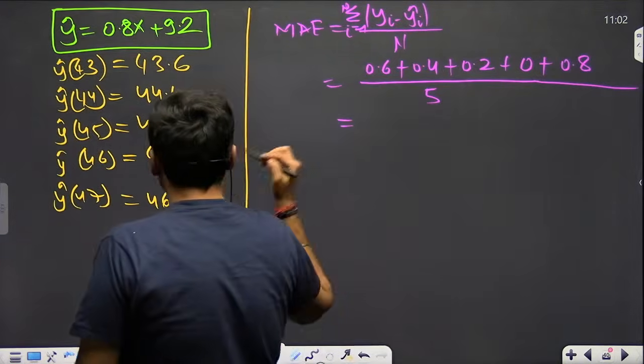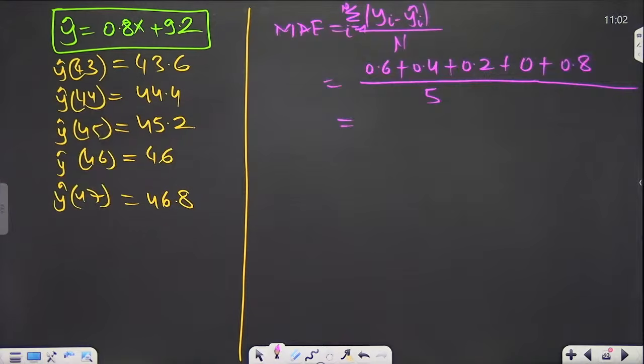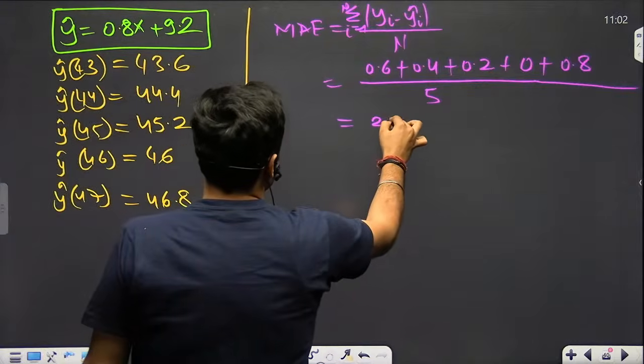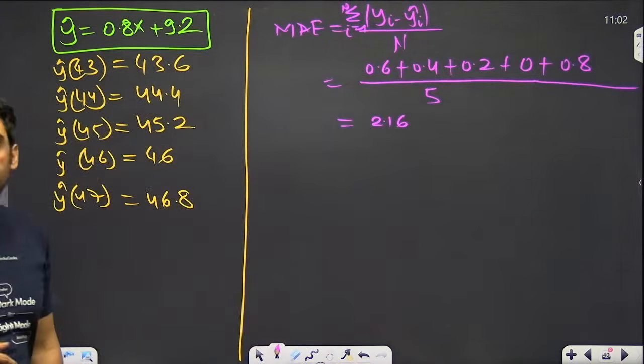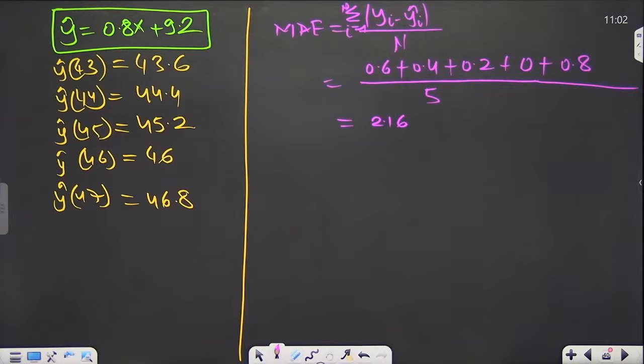So I would be getting the MAE value as 2.16.